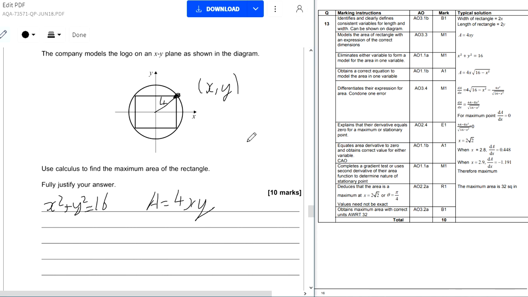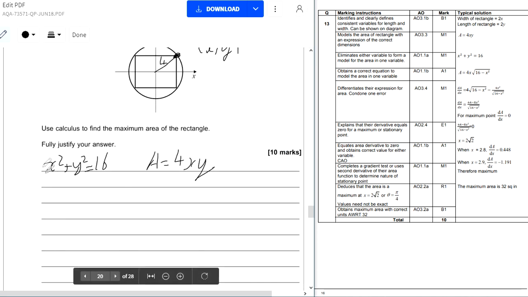And then I also know that these two are the same x and y. So if I rearrange this to say that y is the square root of 16 minus x squared, I can plug that into here.